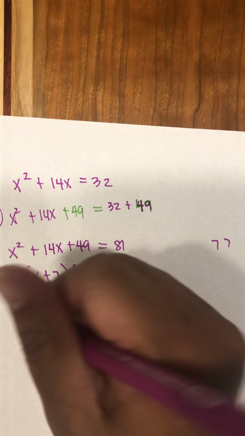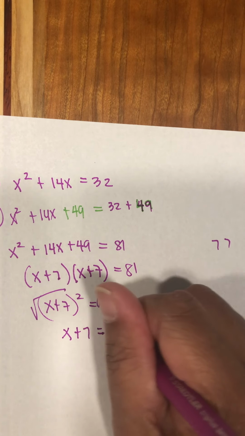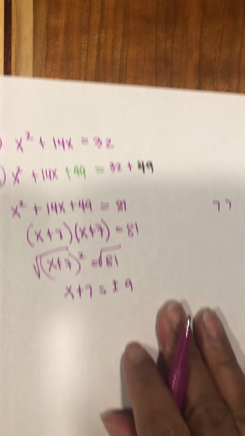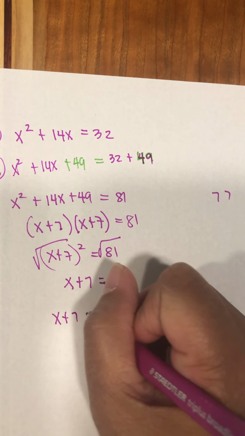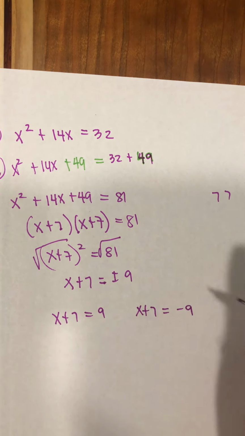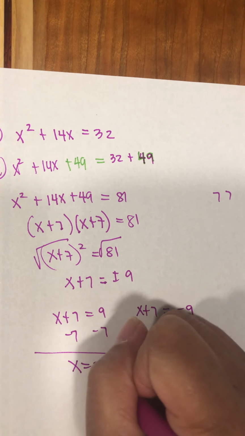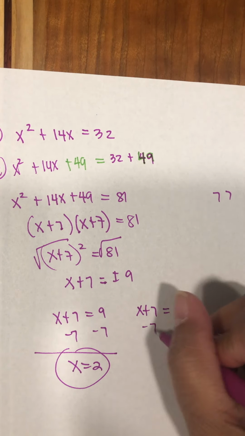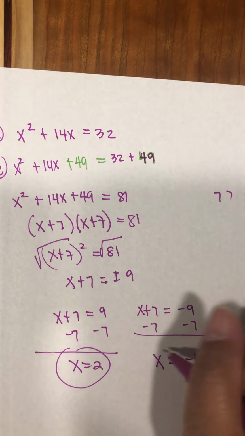Take the square root. x plus 7 equals plus and minus 9. So you have two answers. x plus 7 equals 9 and x plus 7 equals negative 9. Let's solve it. Minus 7, so x equals 2 is one of the solutions. x equals negative 16 is another solution.